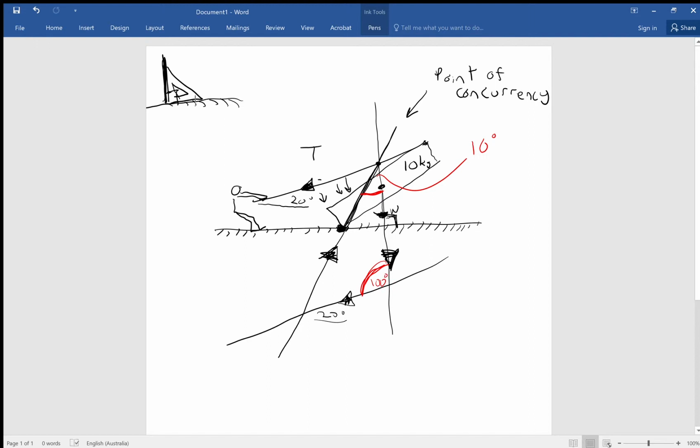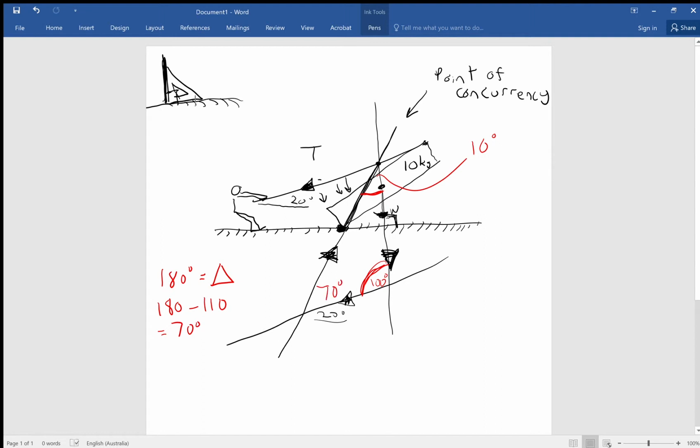Once we've got two angles, we just need to use the idea that there are 180 degrees in all triangles. So 100 plus 10 degrees gives you 110. So 180 minus 110 is going to be 70 degrees. So that's your final angle, 70 degrees there.